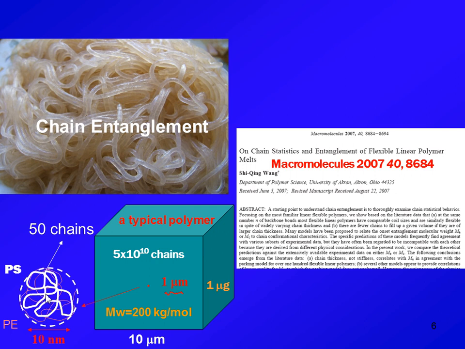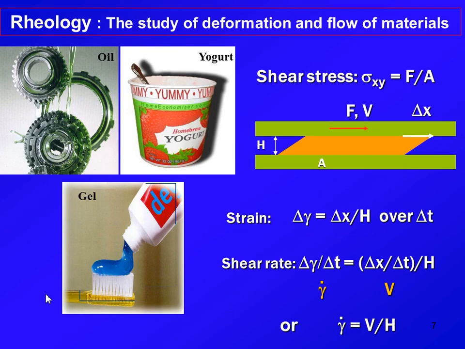Non-processability arises. And this is a typical picture of why we think polymers are entangled. But this is a misleading picture because it's only static. What we need to think about is not the static picture, but how chains move around each other. So anyway, that's entanglement.